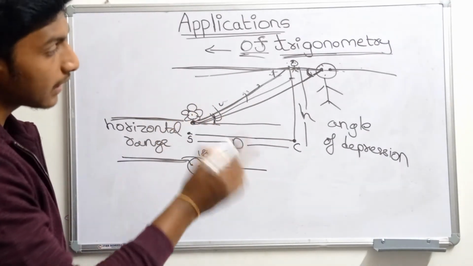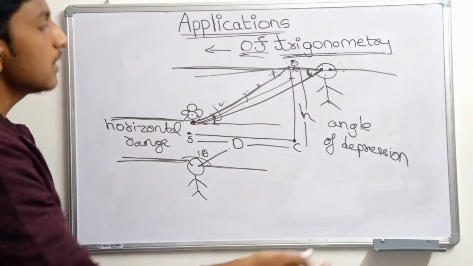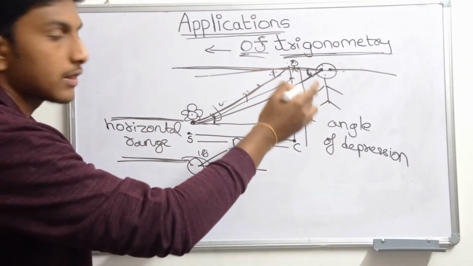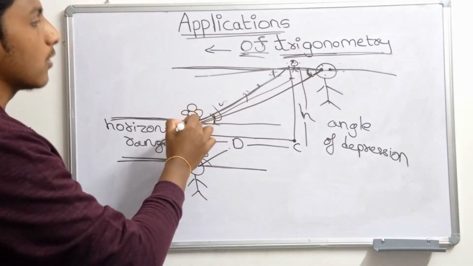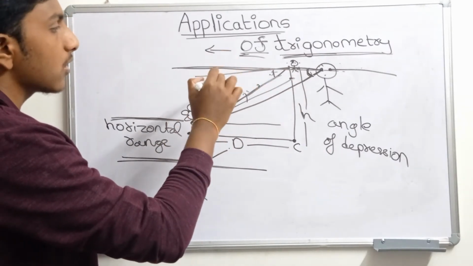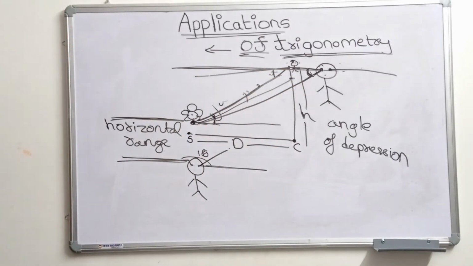Then the angle between the line of sight and horizontal range in that condition is angle of elevation. Now in the second condition, when the person is standing on the pillar and watching a flower on the road, the angle between the line of sight and horizontal range is known as angle of depression, guys.